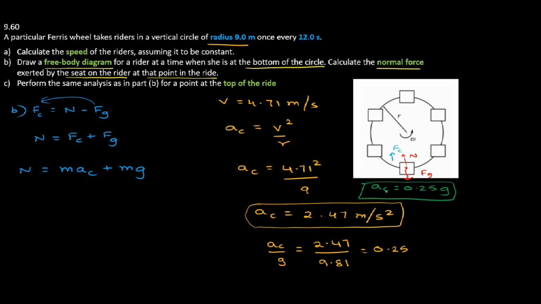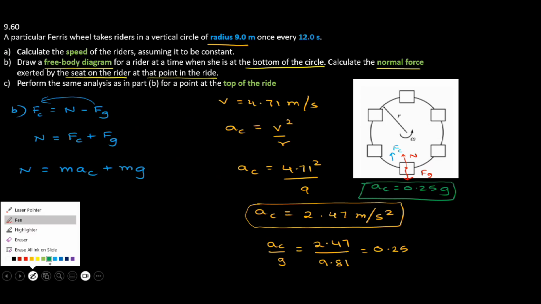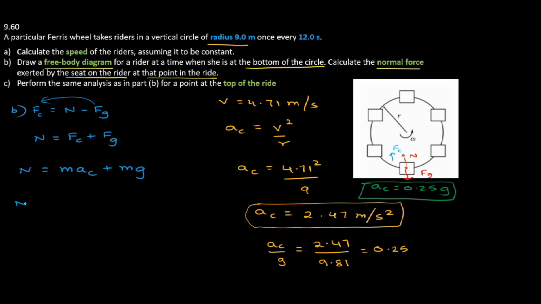So I'm going to substitute this value in place of AC. I can write for my N, let's first take m common outside, AC plus g. Then I will write AC as 0.25 g plus g.